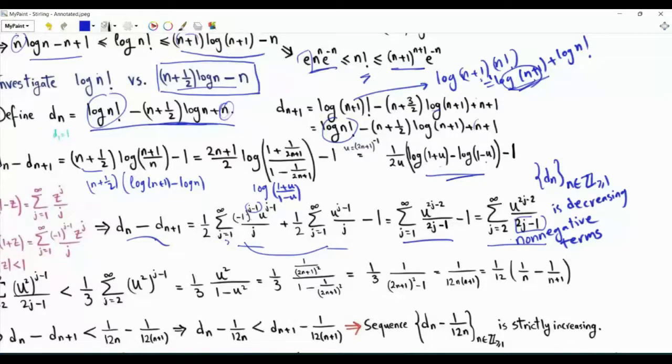So when j is equal to 2, the denominator 2j minus 1 is equal to 3. So 1 over 2j minus 1 is less than or equal to 1/3 for j greater than or equal to 2. And by doing this, we now obtain a geometric series, and it is a converging geometric series. So we can just do the sum.